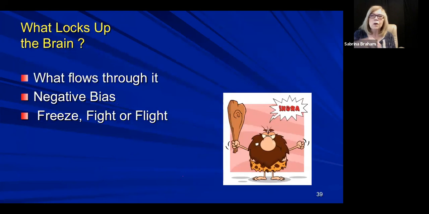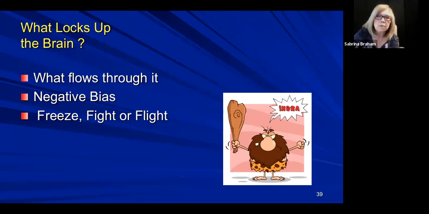So why does the brain lock up? And if you have your handout, on page 2, there are some things that you might want to be looking at with that. So why does it lock up? The brain has been wired with a negative bias. That means that for tens of thousands of years, in order to survive, the caveman or cavewoman had to notice, is there a lion coming?